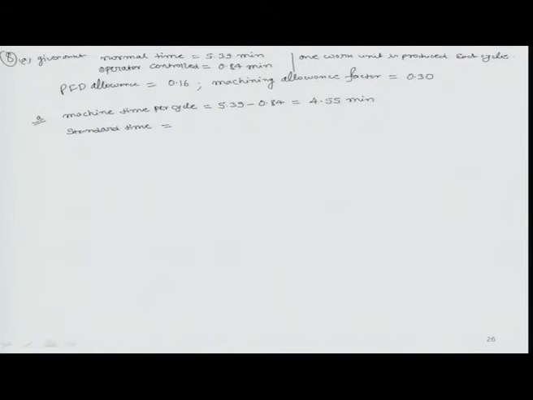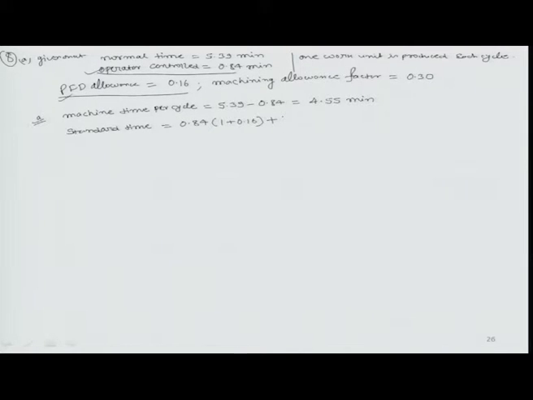Now the standard time. The operator control time is 0.84 minute, and the PFD allowance is associated with the operator control time, so it is 0.84 multiplied by 1 plus 0.16. Because it is a hybrid process we also include the machine parameter.